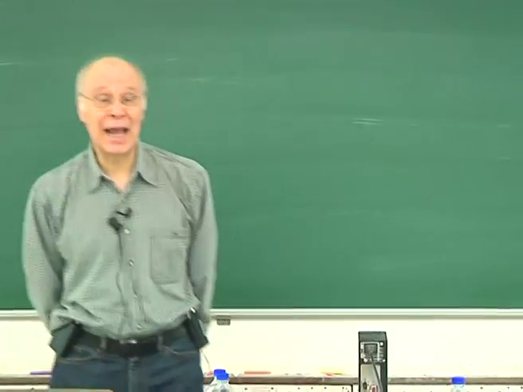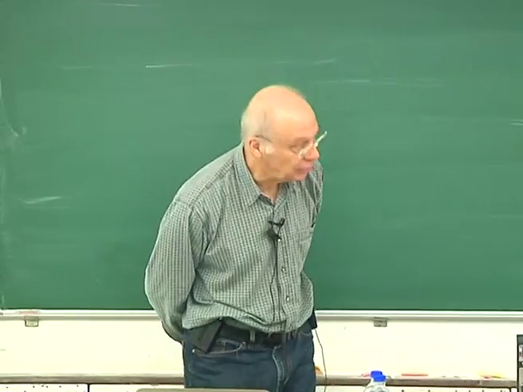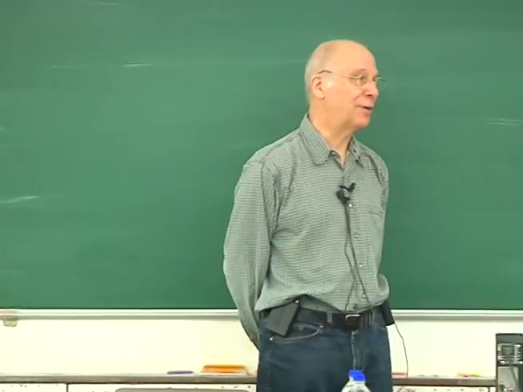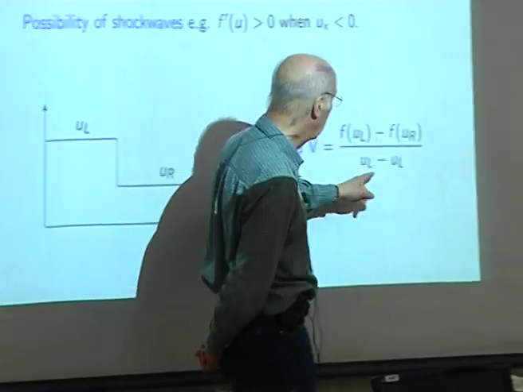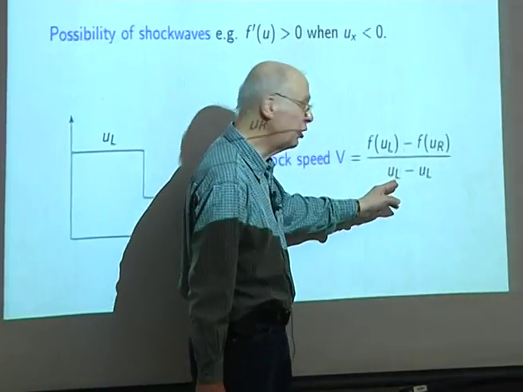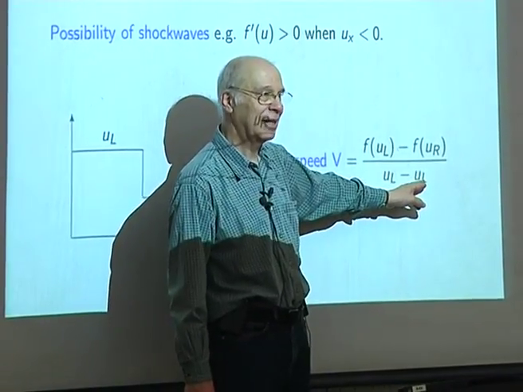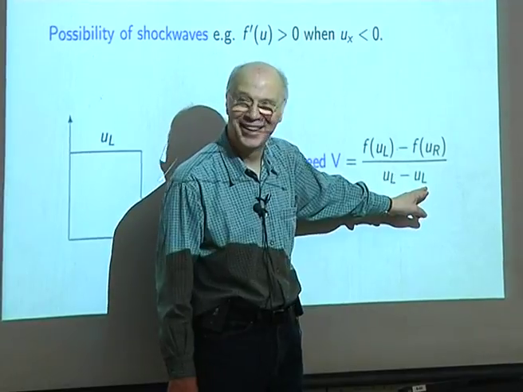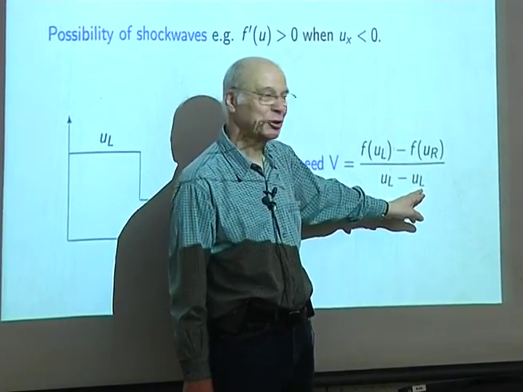Does anyone here do shock waves? Has anyone had shock waves in their education? Thank you. So you would agree that's right. Sorry? Right, immediately. This should be UL minus UR. I'm glad I've got an expert.